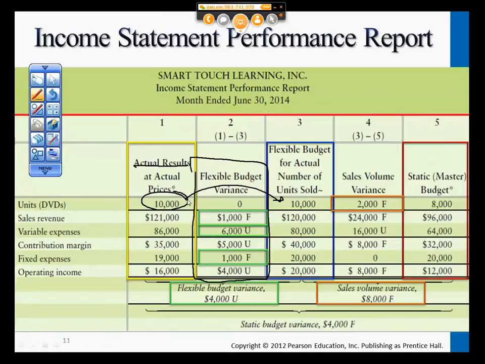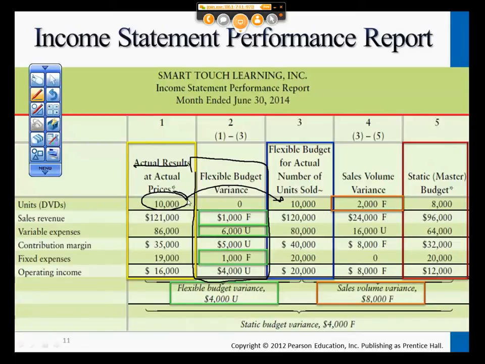Then we look at the sales revenue, and it's 121,000 minus 120,000, right? We got 1,000. And now we have another thing that we need to understand here: when it's favorable and when it's unfavorable. Once you understand, you can define it.